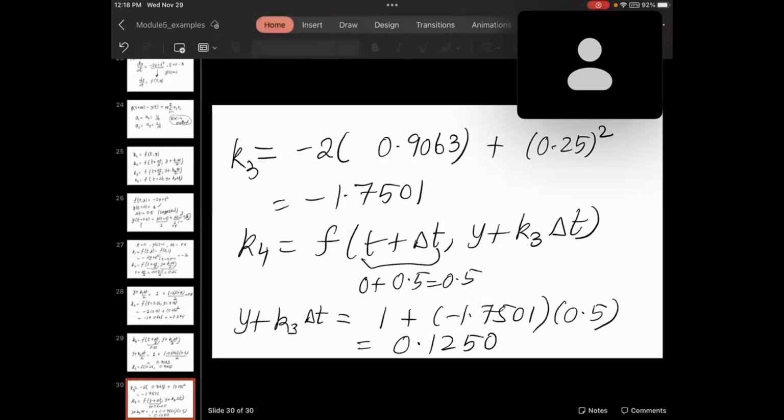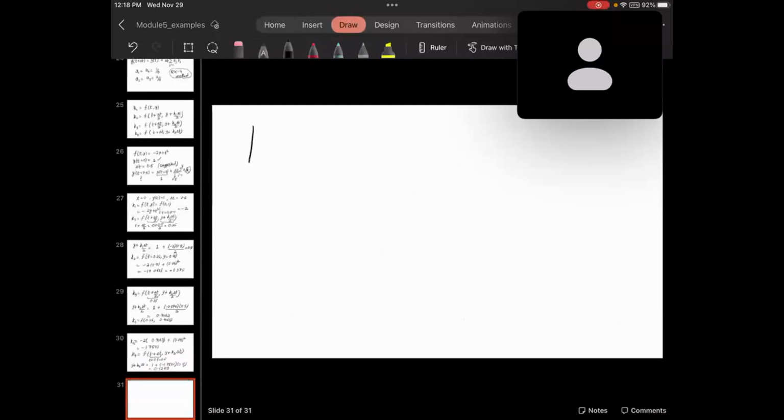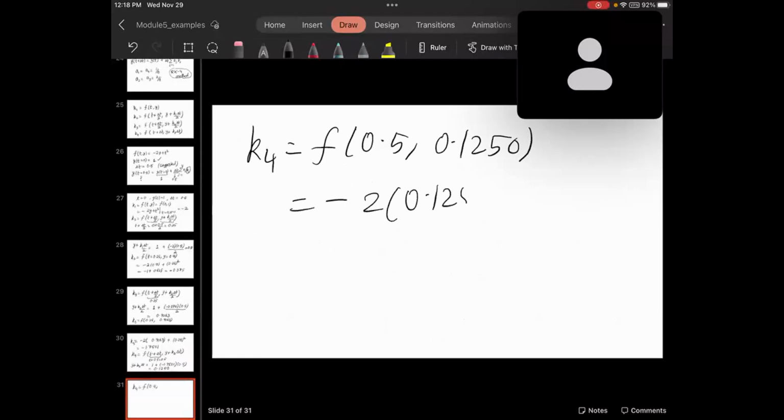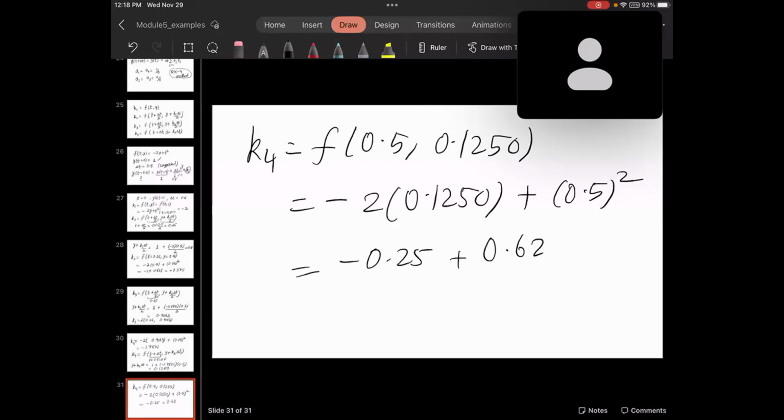So K4 is the function evaluated at 0.5 and 0.1250, which is minus 2 times 0.1250 plus 0.5 squared. What is that? This is minus 0.25 plus 0.25. So this is approximately 0.